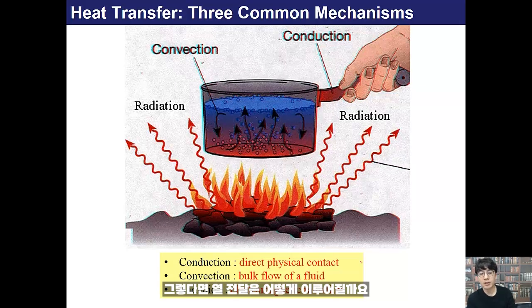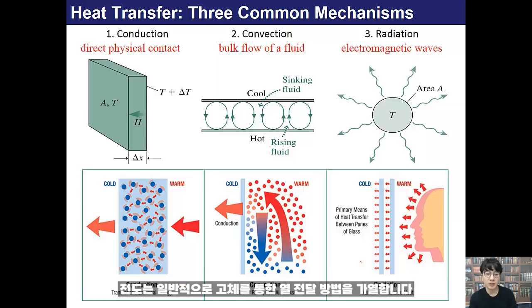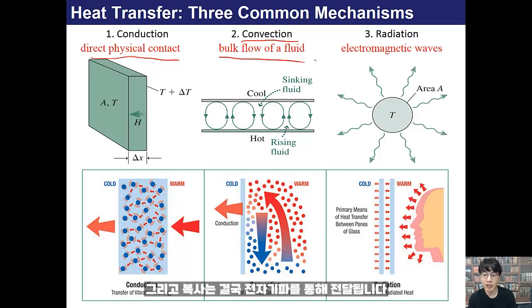So how is heat transferred? There are three common mechanisms: conduction, convection, and radiation. Conduction is usually the method of heat transfer through solids. Convection is heat transfer through bulk flow of fluid. And radiation, finally, is through electromagnetic waves.